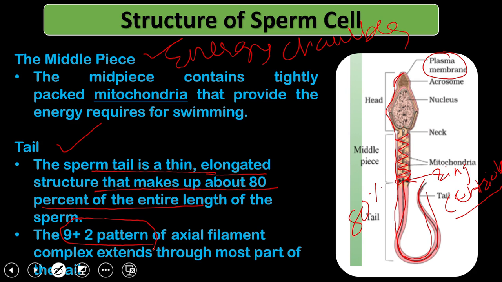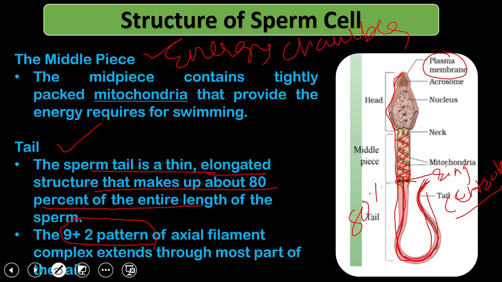So the axial filament complex extends through most of the tail, end तक ये फिलामेंट्स एक्सटेंड हुआ है। 9+2 पैटर्न है माइक्रोट्यूब्यूल्स की जो अरेंजमेंट है, और वो ओरिजिनेटेड होता है बेसल बॉडी ऑफ सेंट्रियोल, which are present in the neck region, that is the distal centriole.